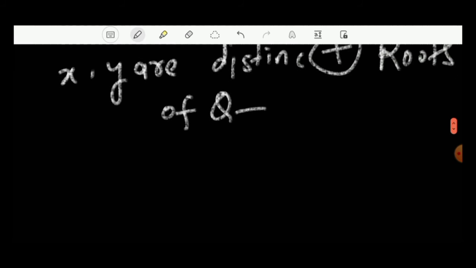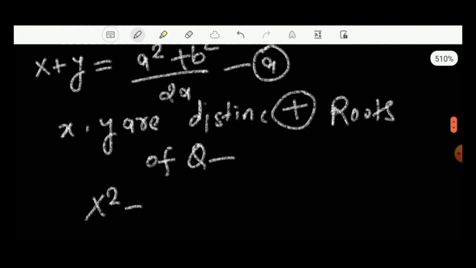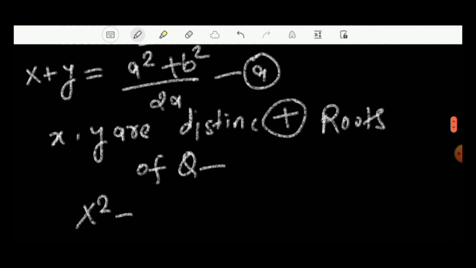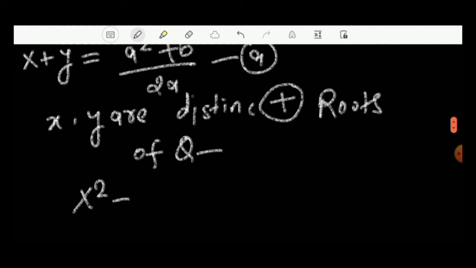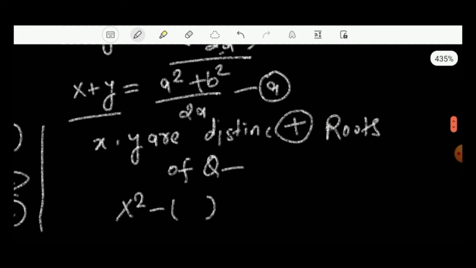So we can construct a quadratic which is x square minus, here we will put the sum of the roots, which is nothing but x plus y.